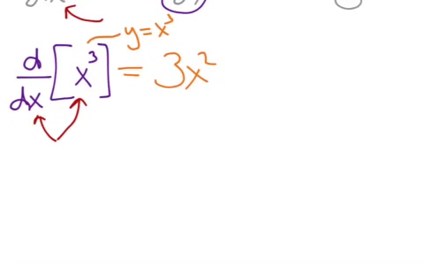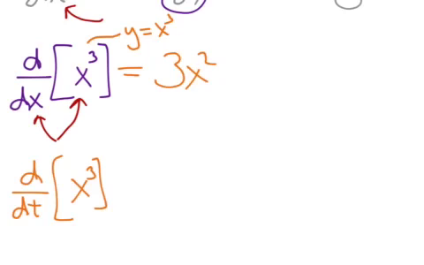But now if I change and I want to differentiate with respect to some other variable, t, and I'm still using the same expression, x cubed is still an output. But here there's a different issue. The input is supposed to be t.